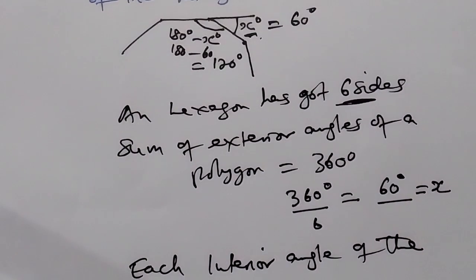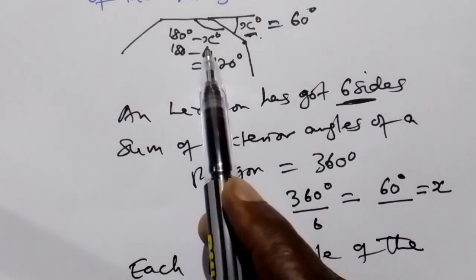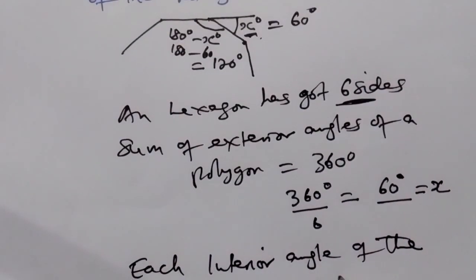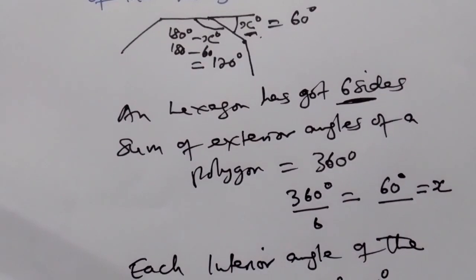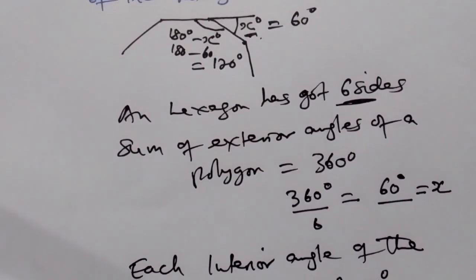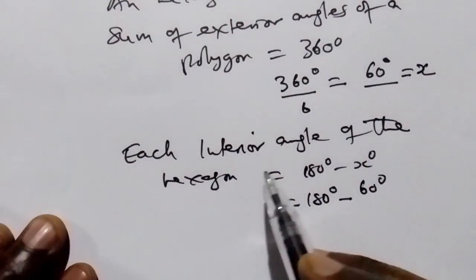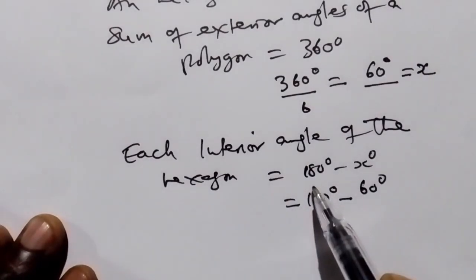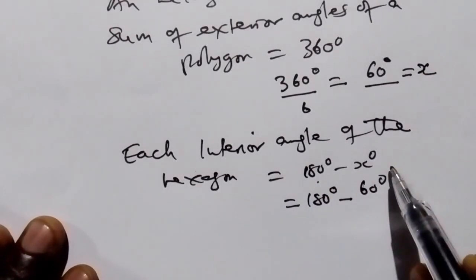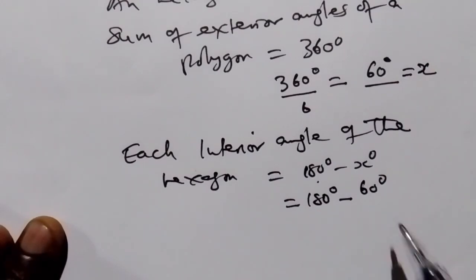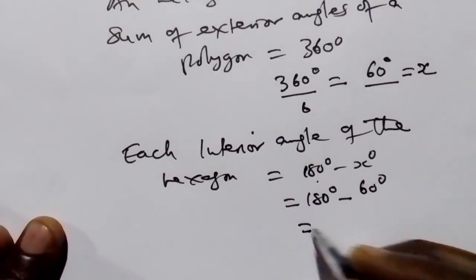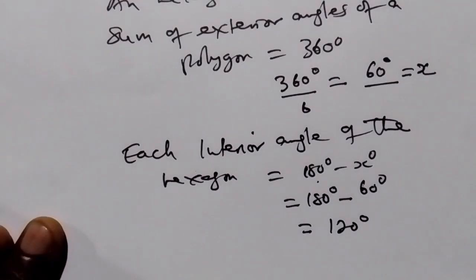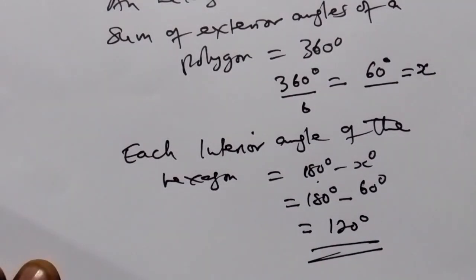Each interior angle of the hexagon is going to be 180 degrees minus x degrees, which is equal to 180 degrees minus 60 degrees, which is equal to 120 degrees. So each interior angle of the hexagon is going to be 120 degrees.